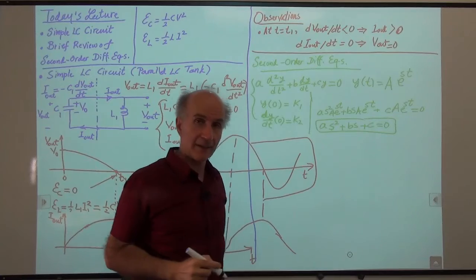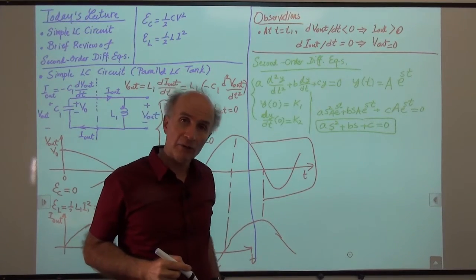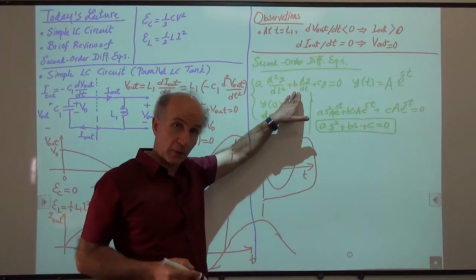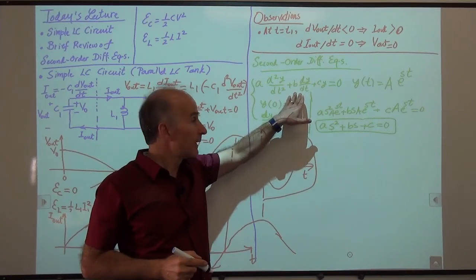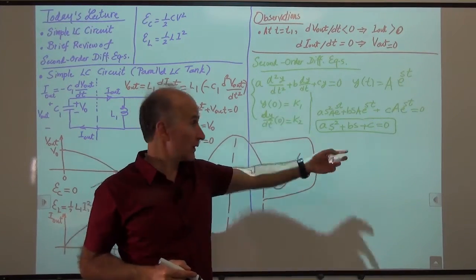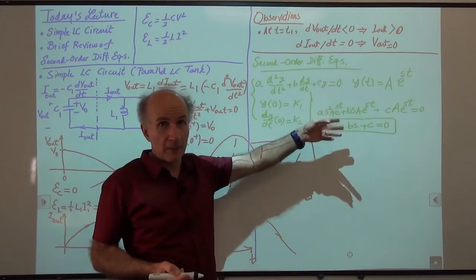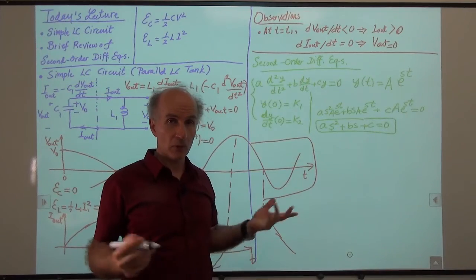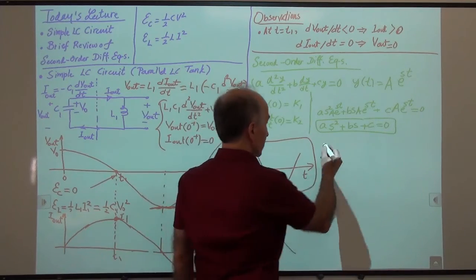You might remember that this is called the characteristic equation corresponding to this differential equation. All right? So remember, s is unknown. So this equation tells us what s is because a, b, and c are the known values in this differential equation. Okay, so we can find s. Very good. Let's go ahead and do that.